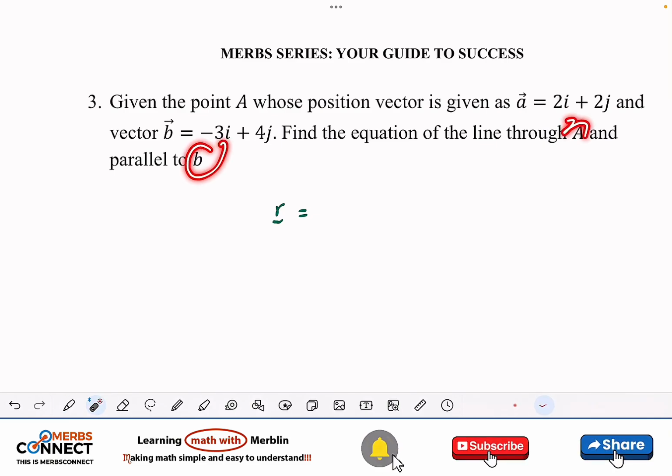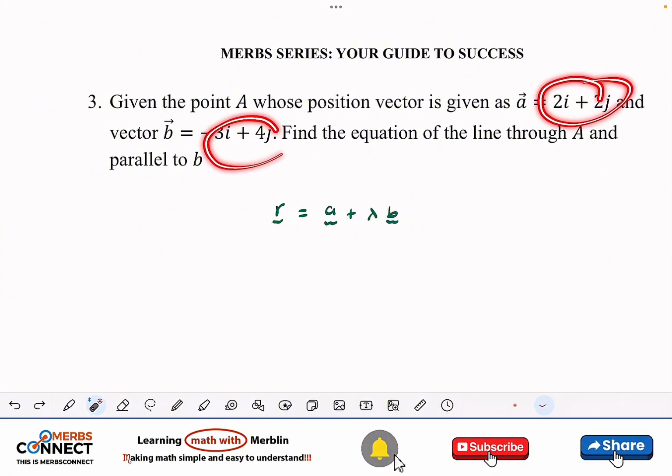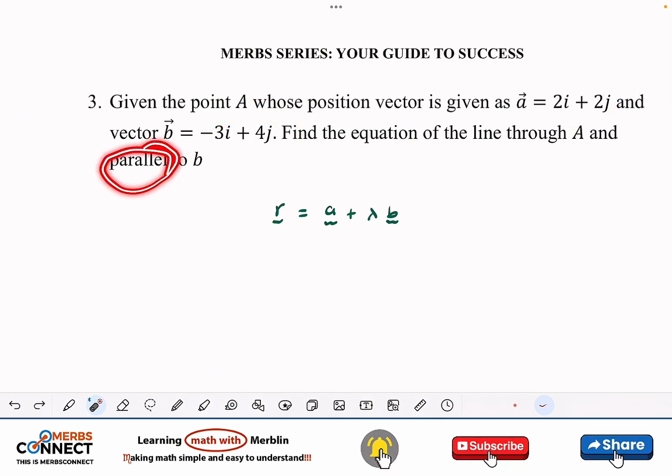We have A and B. So I'm going to have A plus lambda B, right? Or I can use the vector form. It's also the same thing. So now I know my A, I know my B, because B is the parallel one, so we should go with the scalar, which is lambda.